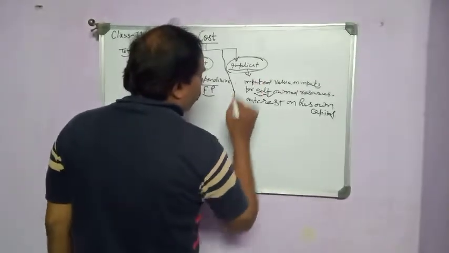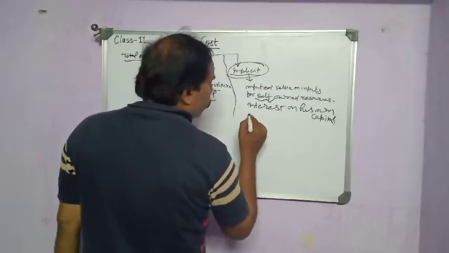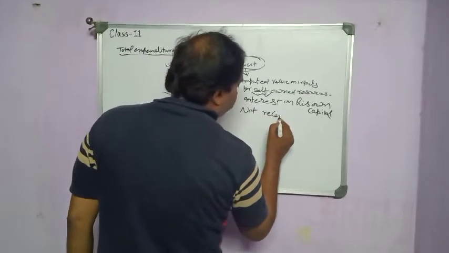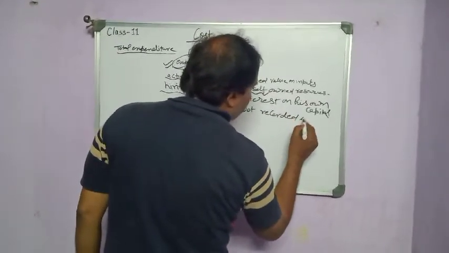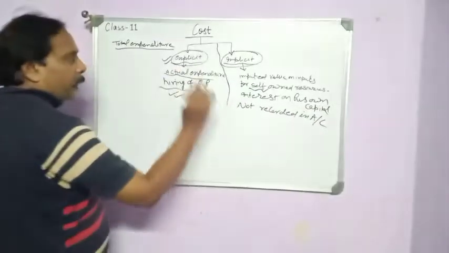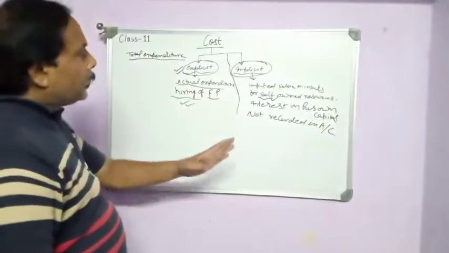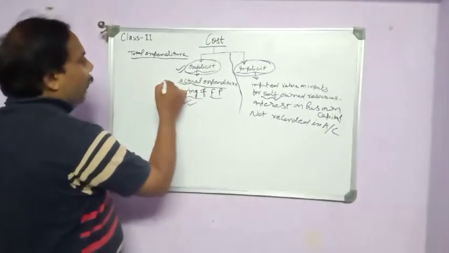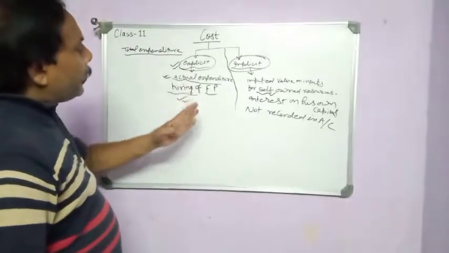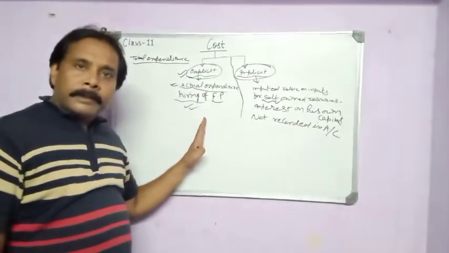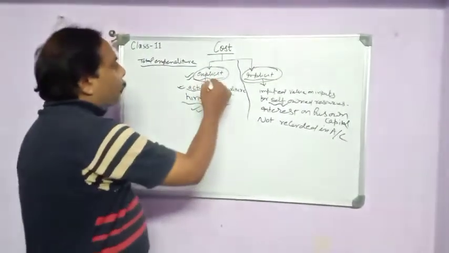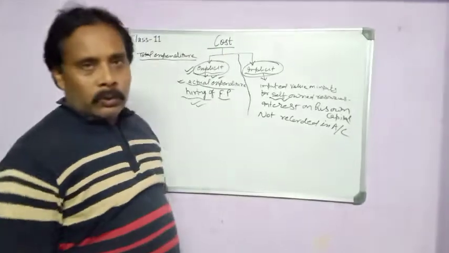It is not recorded in the accounts, whereas explicit cost is always recorded in the accounts, because it is the actual expenditure. For example, payment of raw materials, wages and salaries of the workers are good examples of explicit cost.